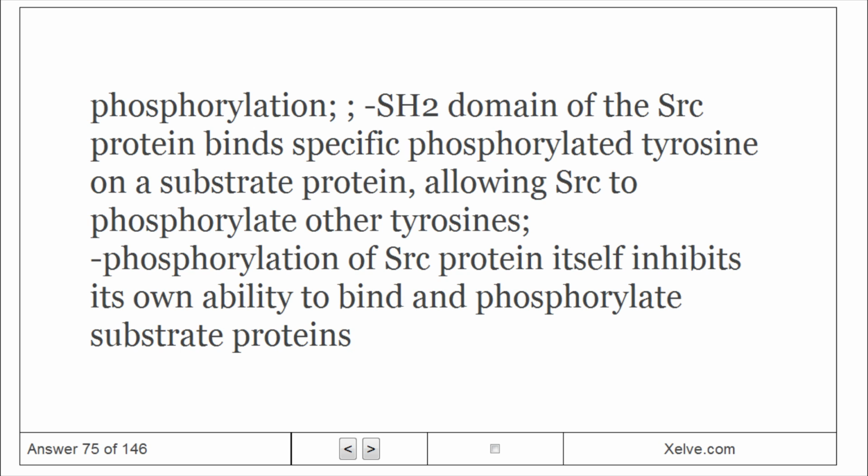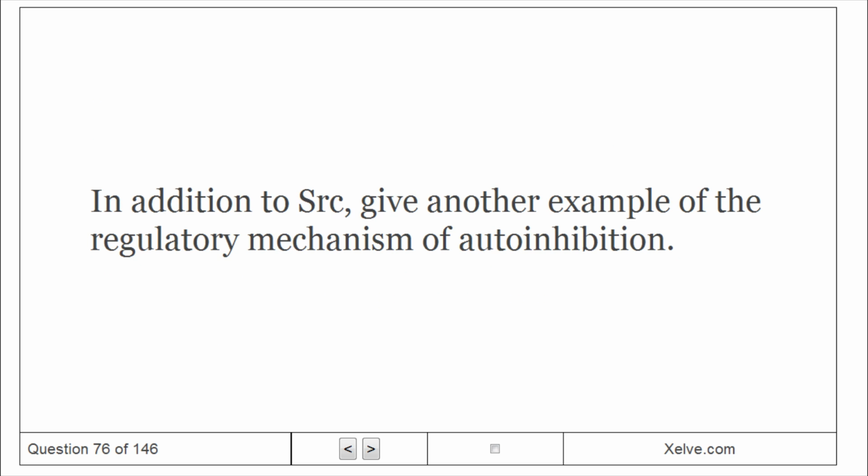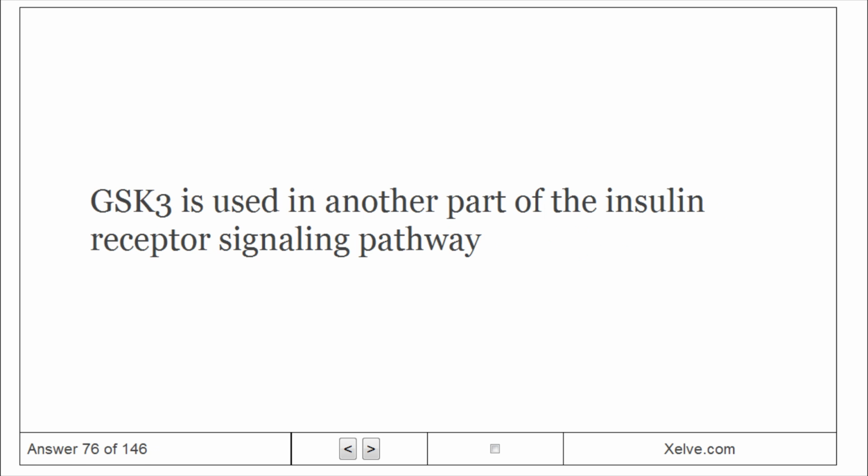Phosphorylation of the SRC protein itself inhibits its own ability to bind and phosphorylate substrate proteins. In addition to SRC, give another example of the regulatory mechanism of autoinhibition. GSK3 is used in another part of the insulin receptor signaling pathway.